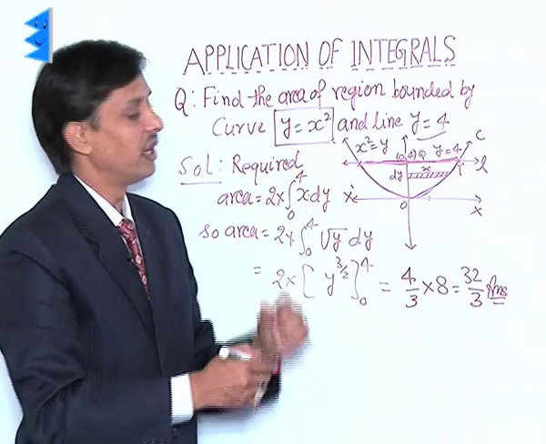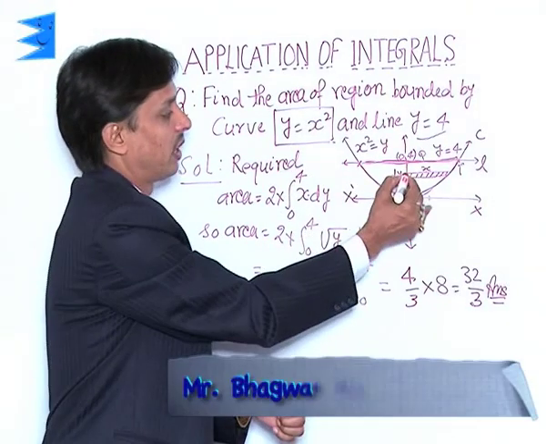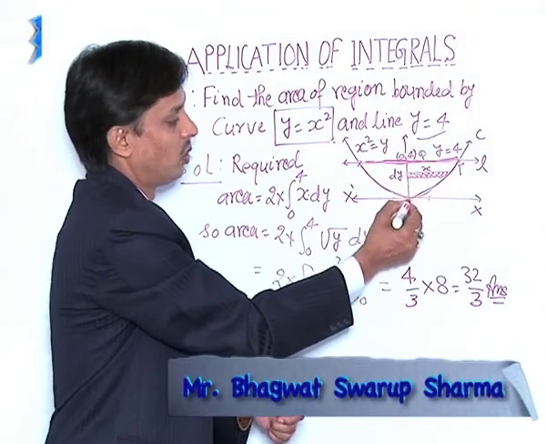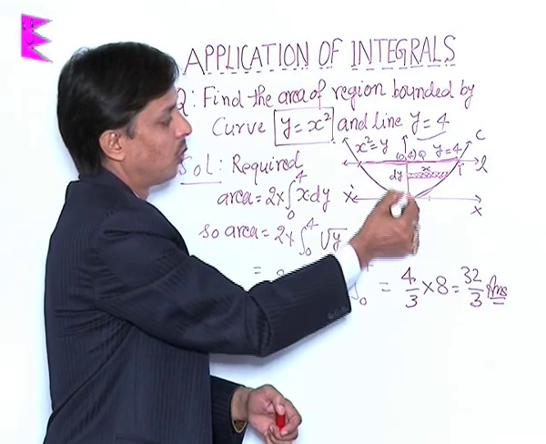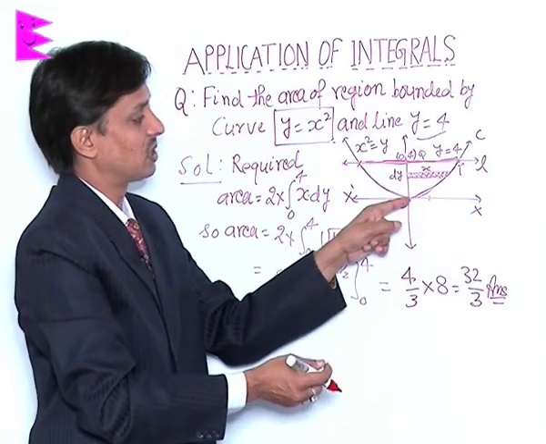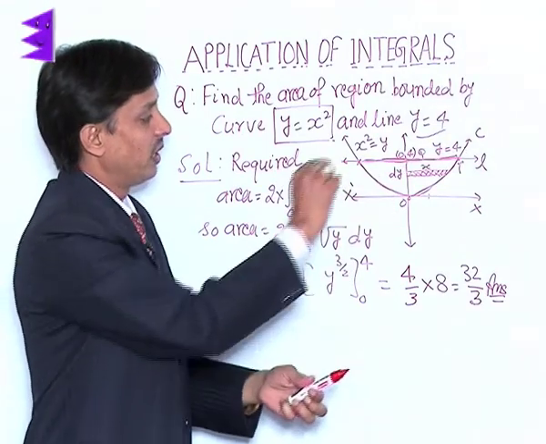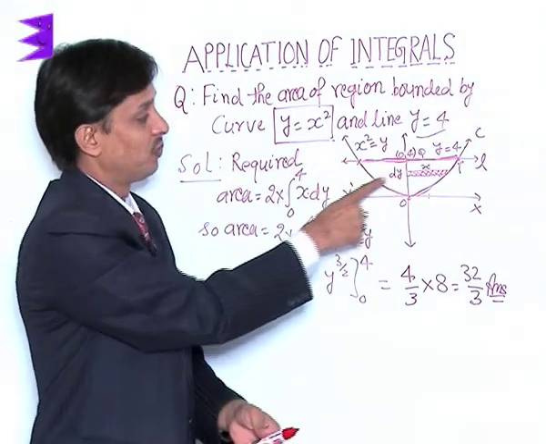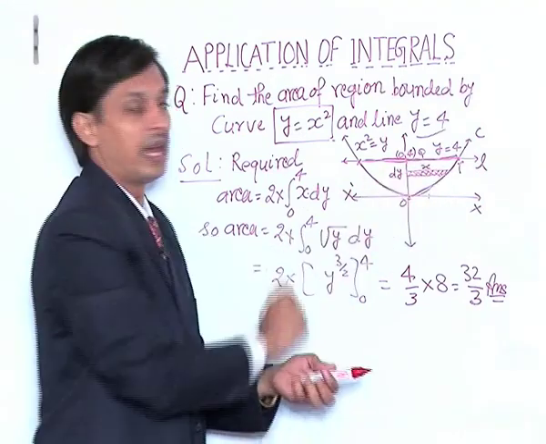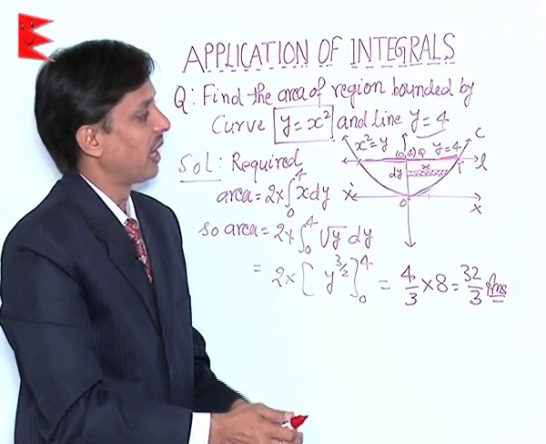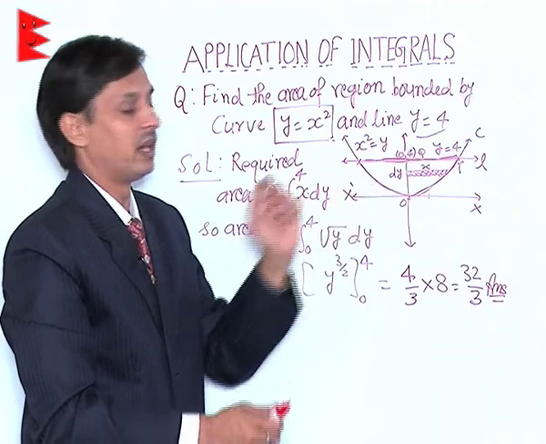Now to find the area, small rectangles have been drawn from 0 to 4, because rectangles will start from 0 and go till 4, and its breadth is very small, say dy, and length is x. Area of a rectangle is given by length into breadth.